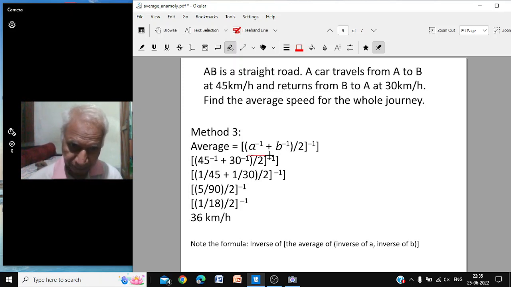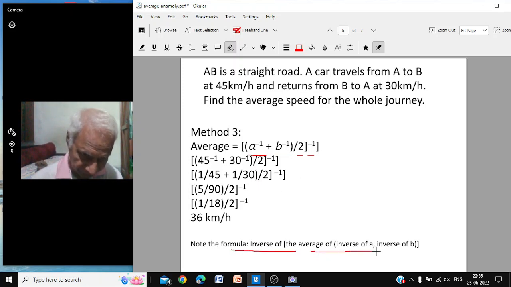A inverse plus B inverse, take the average by dividing by 2, and then again take the inverse. See the formula: the inverse of the average of the inverse of A and the inverse of B. So 45 inverse is 1 by 45, 30 inverse would be 1 by 30.